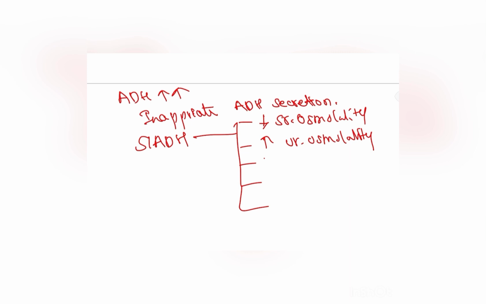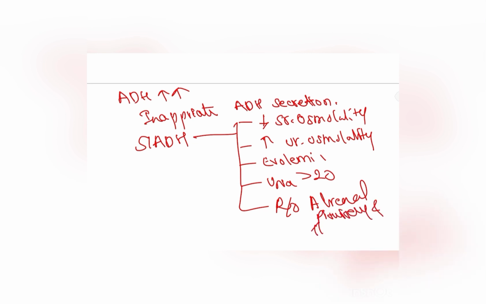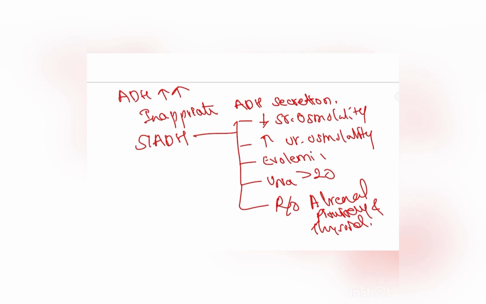The patient is euvolemic, that means the volume status is normal, urinary sodium is more than 20, and rule out adrenal, pituitary, and thyroid diseases. So SIADH is only diagnosed when serum osmolality is low, urinary osmolality is high, the patient is euvolemic, urinary sodium is more than 20, and there is absence of adrenal, pituitary, or thyroid diseases.